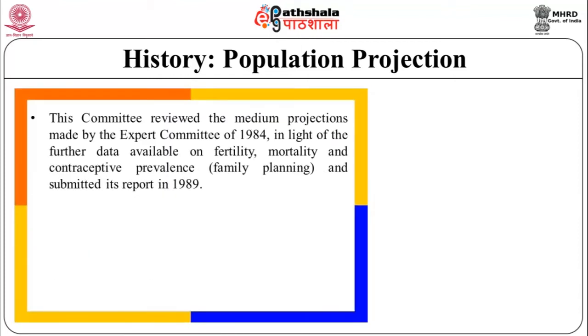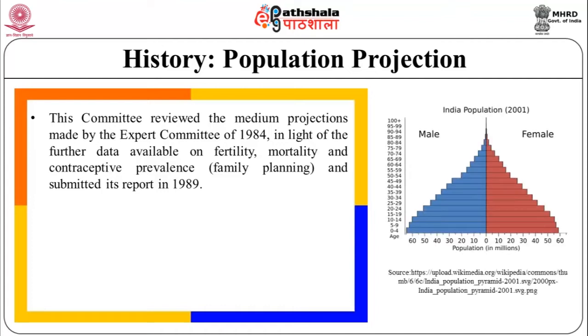Now, this committee reviewed the medium projections made by the Expert Committee of 1984 in light of the further data available on fertility, mortality, and contraceptive prevalence, that is family planning, and submitted its report in 1989.